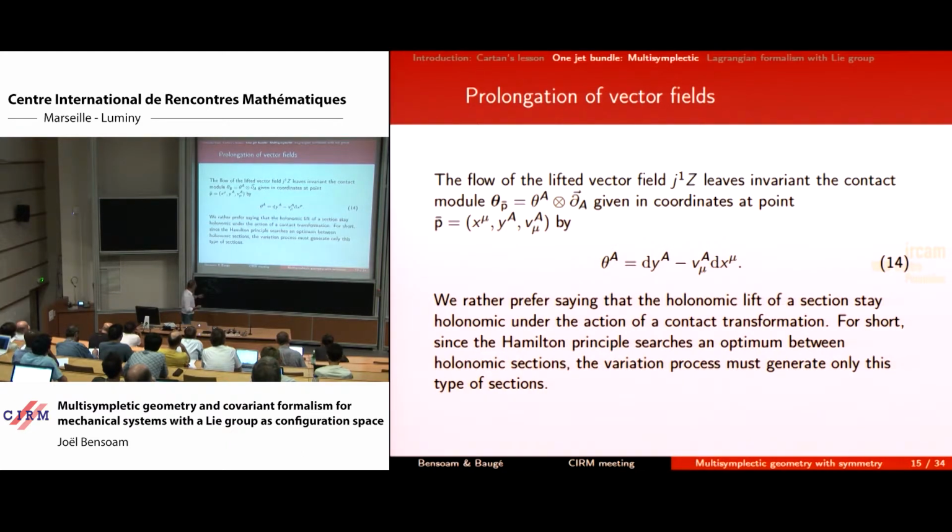The fact that when we lift the section from this plane with the derivative, then we have to say that the height of this part corresponds to the derivative of the curves of the sections.